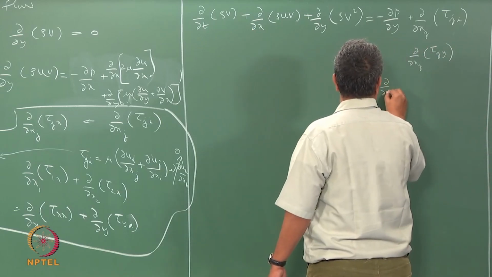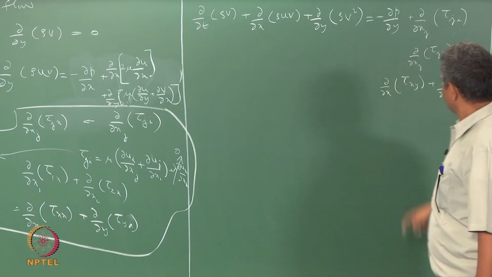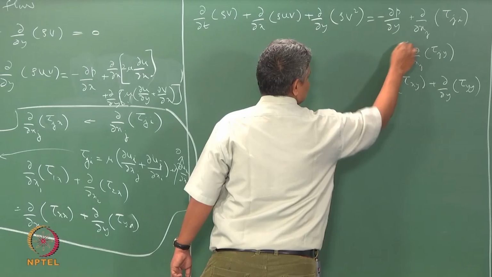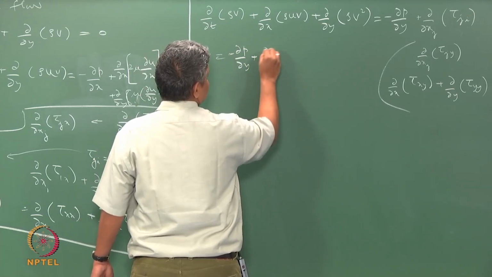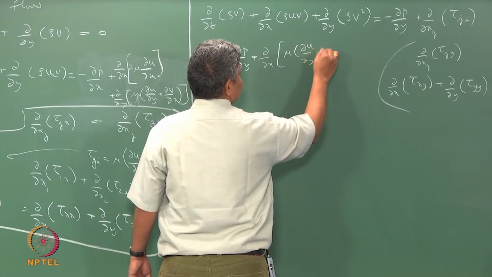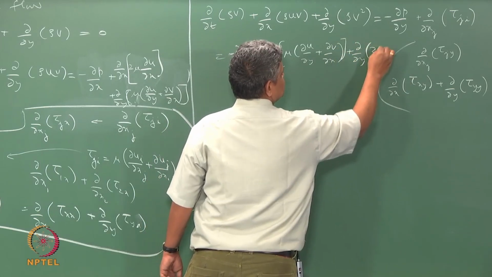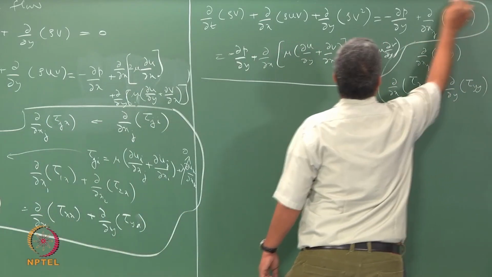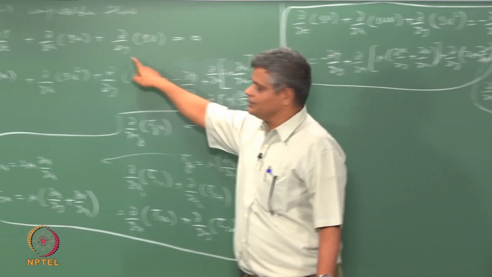So, this will be ∂/∂x of τ_xy plus ∂/∂y of τ_yy, and we can make use of this expression here and substitute it, and therefore from this we can get the proper expression, this whole thing equal to minus ∂p/∂y plus ∂/∂x of μ (∂u/∂y plus ∂v/∂x) plus ∂/∂y of 2μ ∂v/∂y. So, this is our y momentum equation, and this is the x momentum equation, and this is the continuity equation.